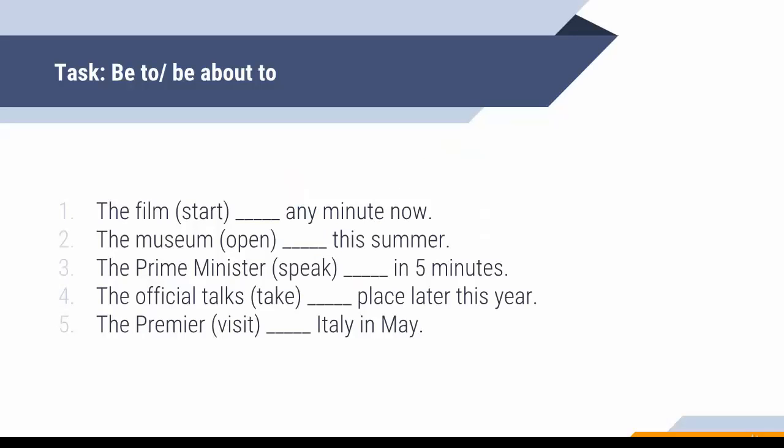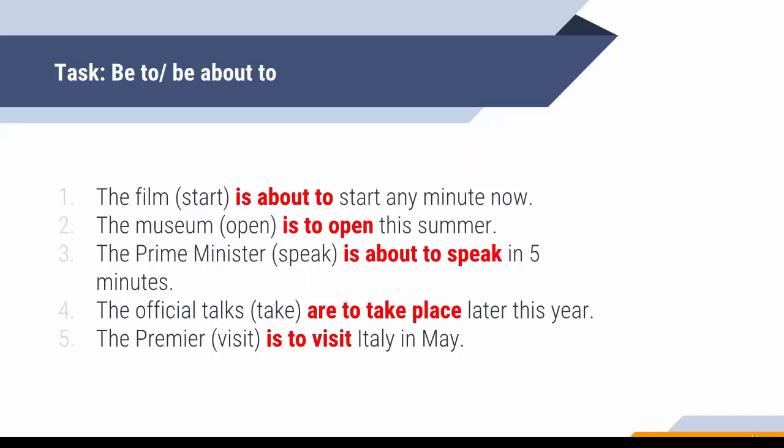One exercise, pause the video, do it. You need to choose between be to and be about to. Okay, the film is about to start any minute now. In the near future. Is about to. The museum is to open this summer. Officially arranged event, an activity that is usually reported on this way in the news.